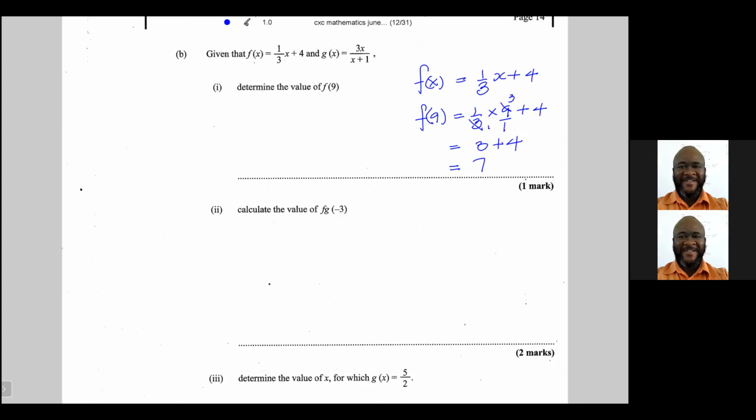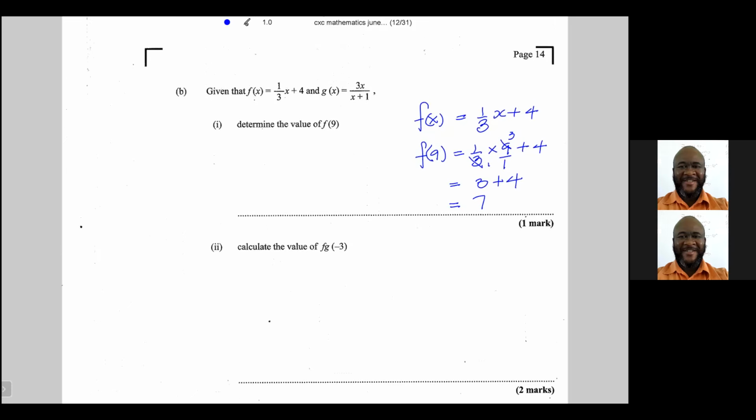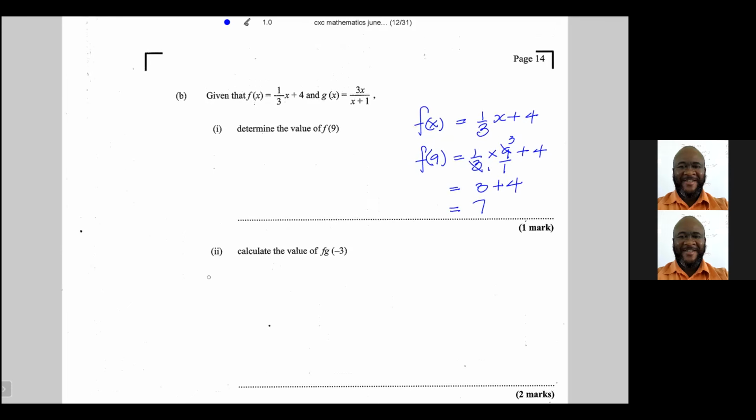Then we're asked to calculate the value of f of g of minus 3. So first of all, g of x is equal to 3x over x plus 1. Now, if someone asks me to find f of g of minus 3, the first thing I would do is find g of minus 3.